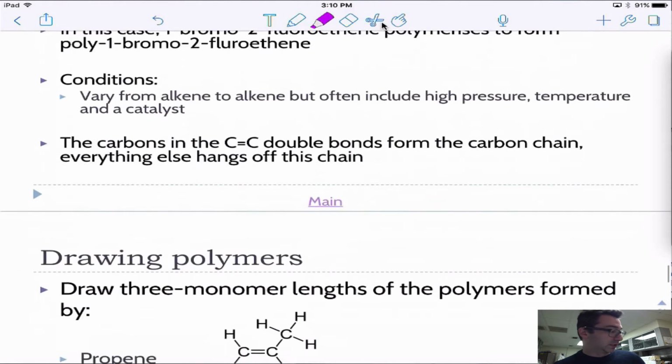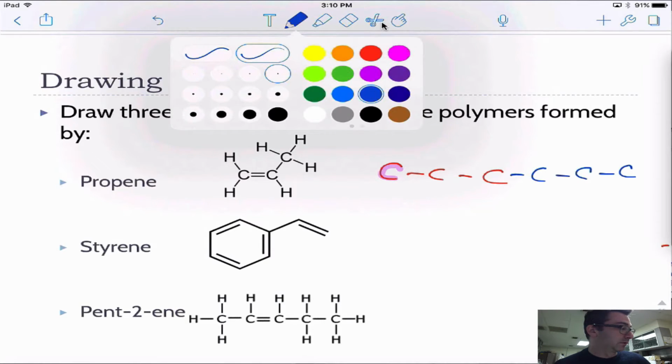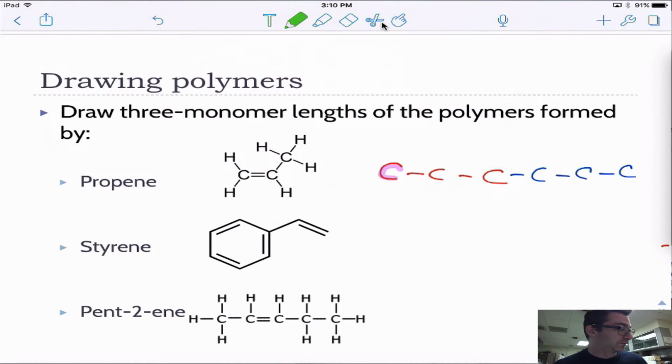And just to show you what this might look like with something like propene. So with propene, if I were to form polypropene, then I would have my 3-carbon chain. The double bond would be broken, and to that first 3-carbon monomer, I would form the second, and to that I would form a third, and so on.